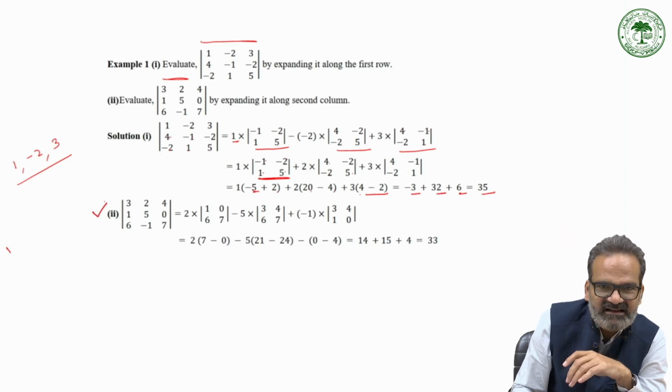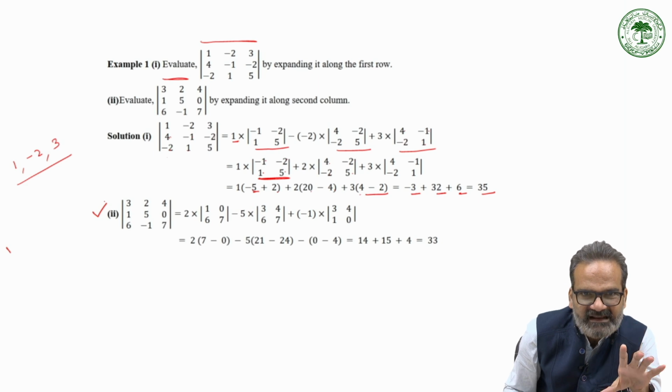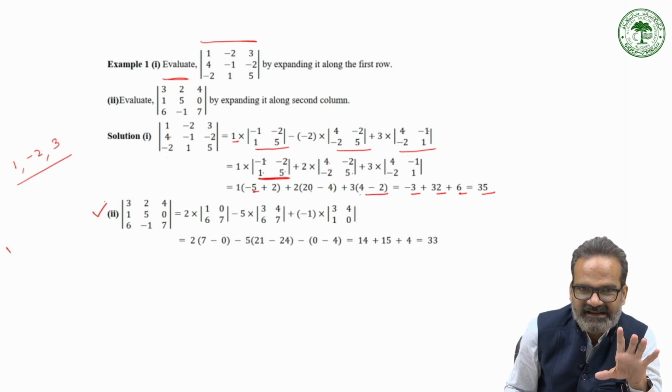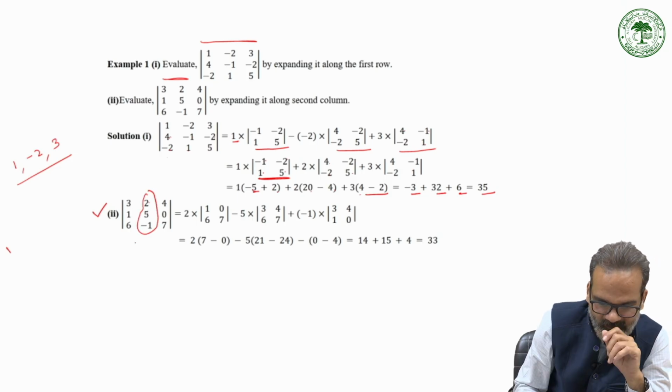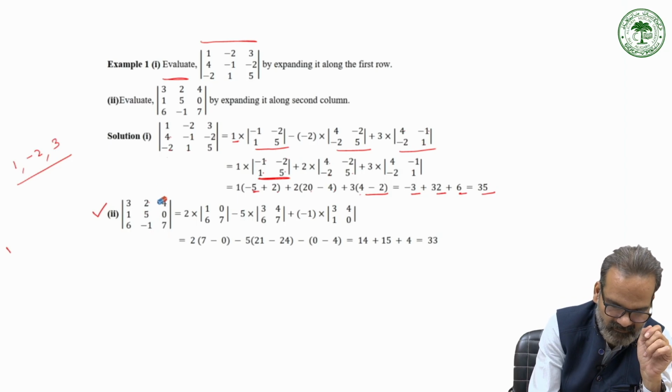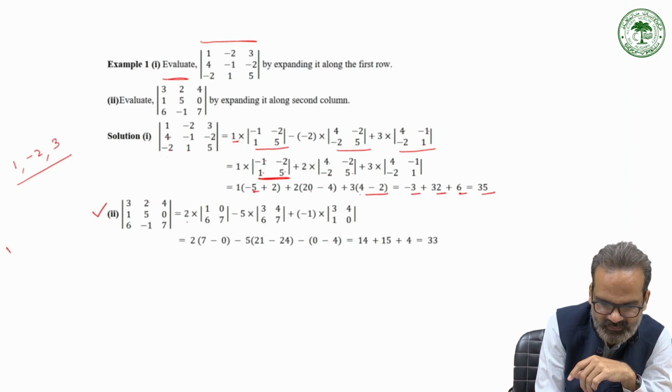Similarly, you can expand second case along second column. Second column means this. 2, 5, minus 1. See, in the same way, this is 2. Delete the row and column in which 2 lies. So 2 lies in this row. 1, 0, 6, 7. This.